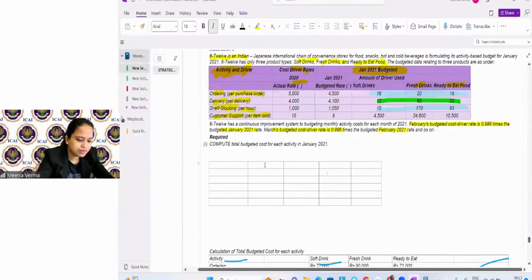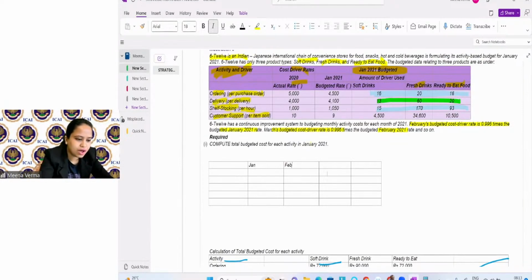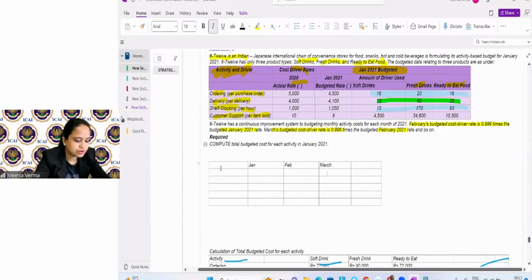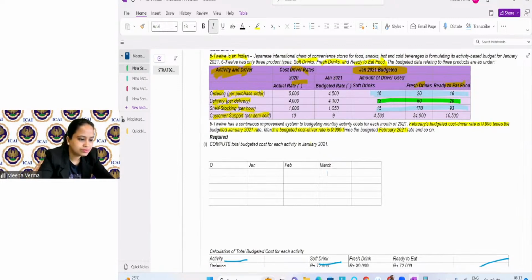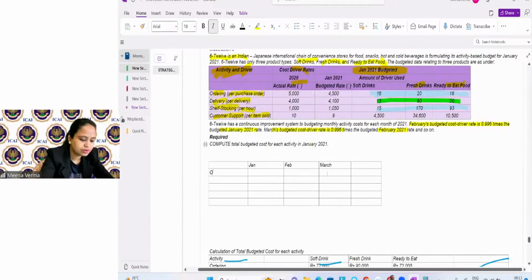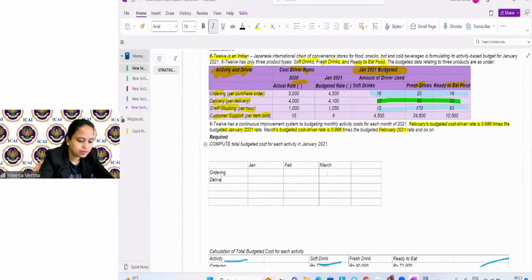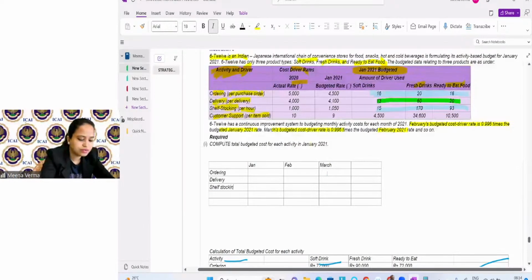So for January, what was the rate? Accordingly, you will find the value for Feb. Accordingly, you will get the value for March. These values: ordering, delivery, shelf stocking, then customer support.